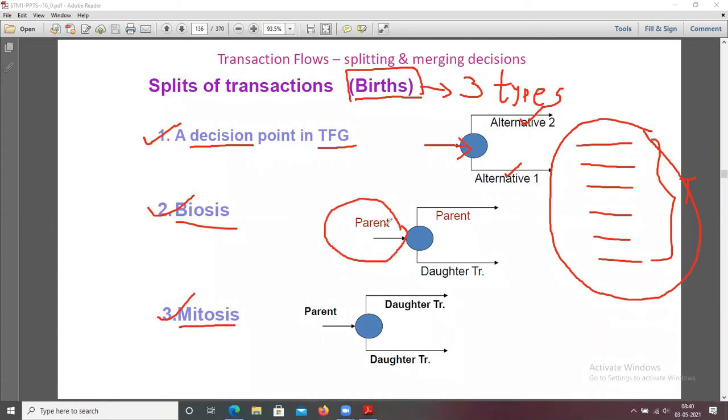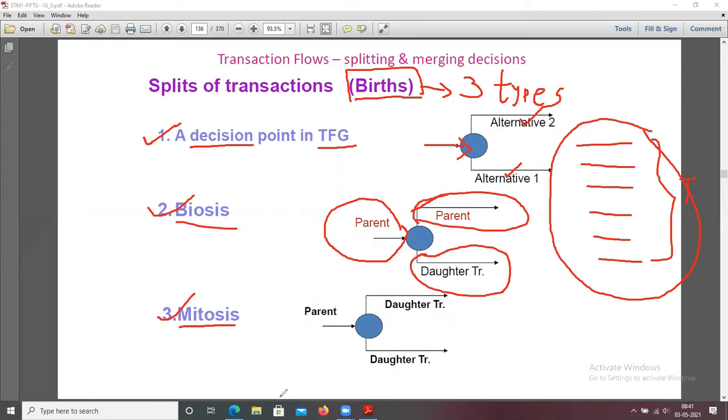The parent gives birth to a new transaction that we call a daughter transaction, and the parent also continues executing. The parent retains its identity, so it is also executed.